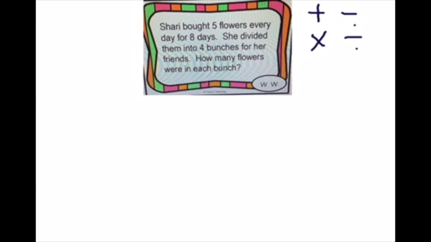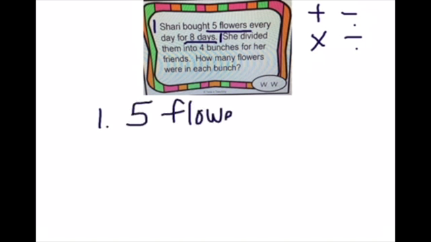Sherry bought 5 flowers every day for 8 days. Okay, I'm going to stop because I can see all the information I need for step 1. Sherry bought 5 flowers every day for 8 days. Well, how many flowers is that? So each day she bought 5 flowers.